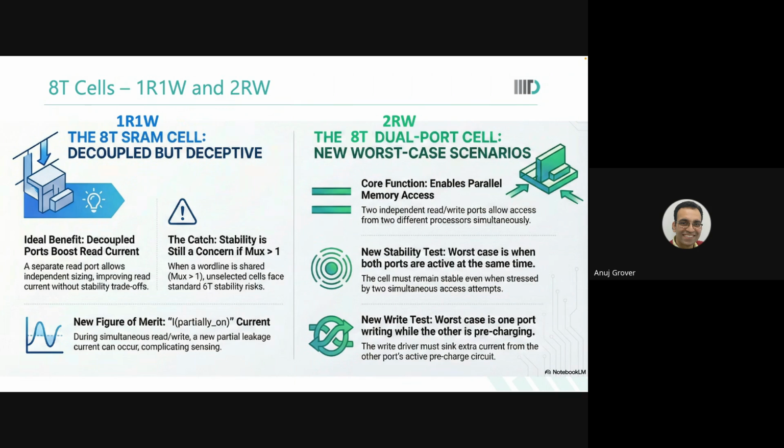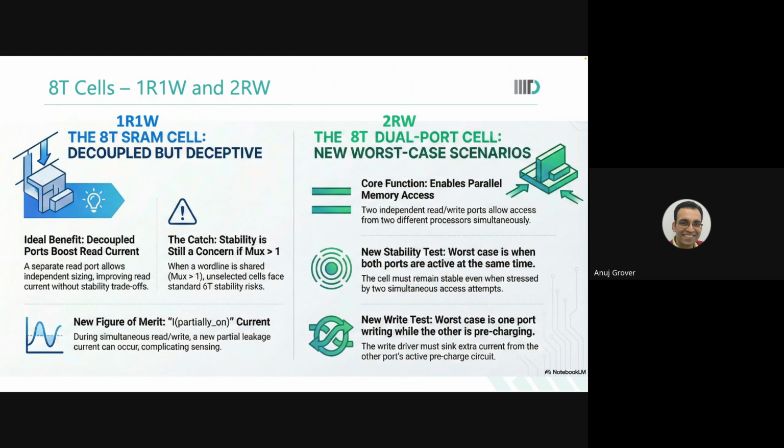Okay. Then what happens to the other 8T cell, where you have 2 read-write ports? See, this was one cell which had only 1 read and 1 write port. In the class itself, we spent a lot of time discussing this and the partial on. But in the lecture, we've also discussed in much more detail about the other 8T cell. So what happens there? What are the new figures of merit that we are talking about there?